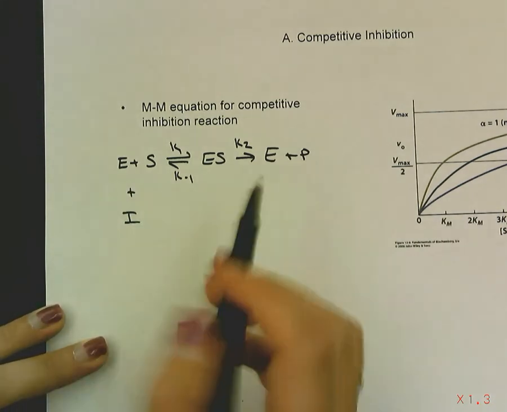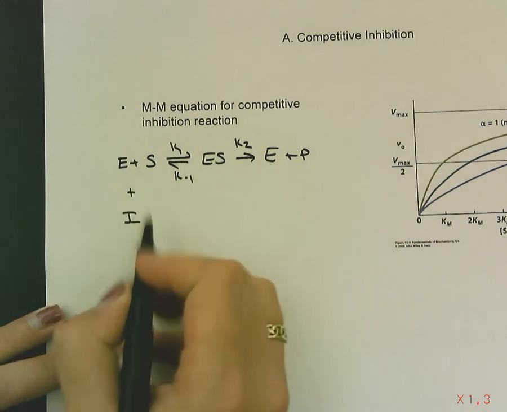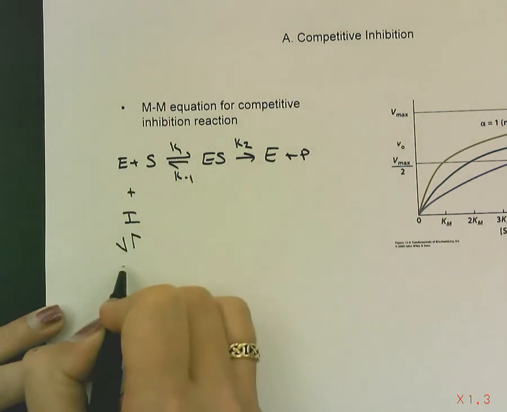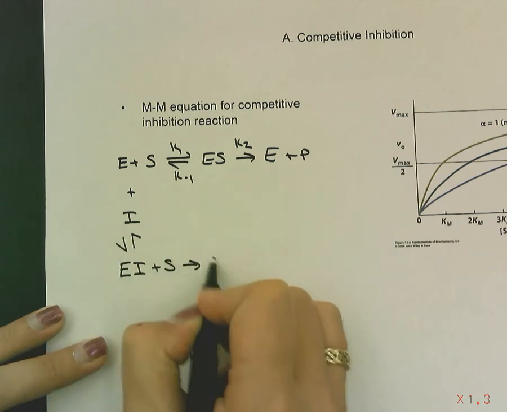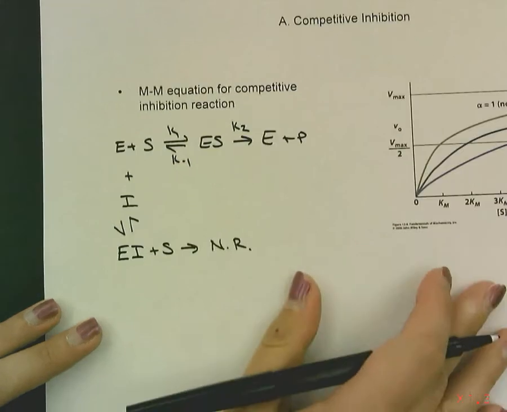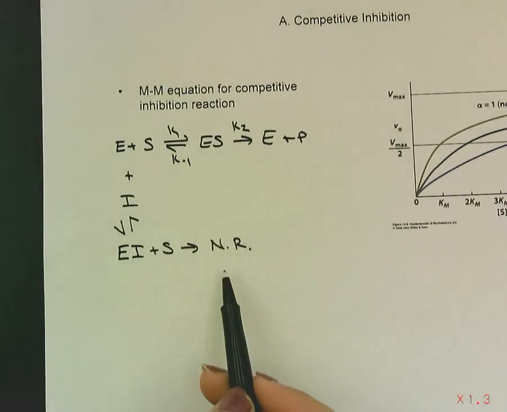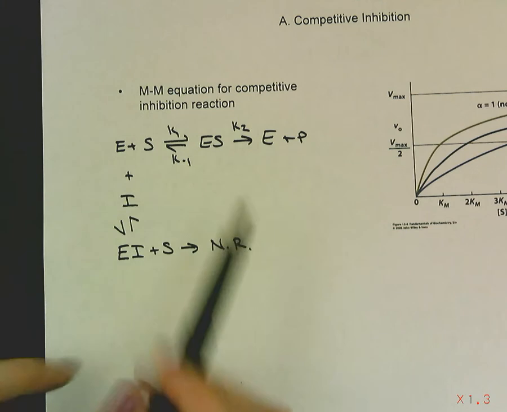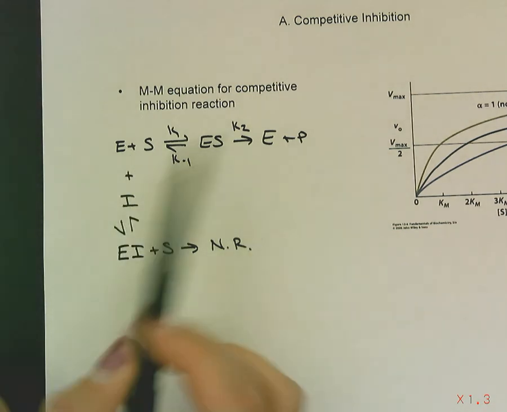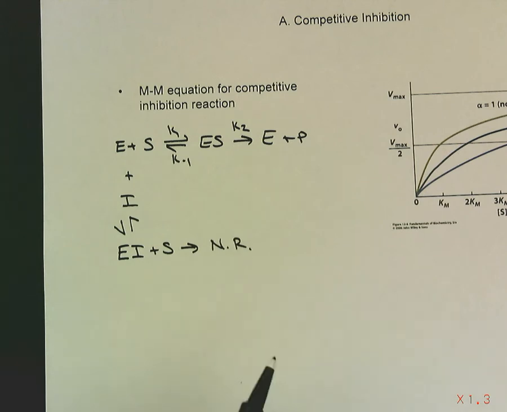So I could bind S and go this way, or I could bind the inhibitor and get stuck at a transition state analog that makes nothing. So my option is either the regular reaction, or the inhibitor causes it to get stuck in there and then nothing happens.